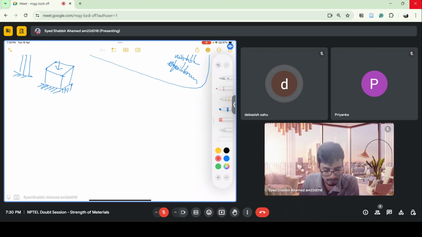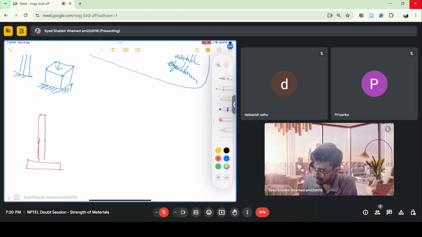So if I have some column like this, column or strut, whatever you can say, and some load I'm applying.